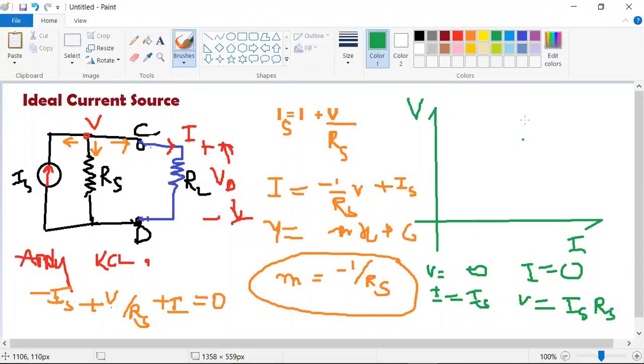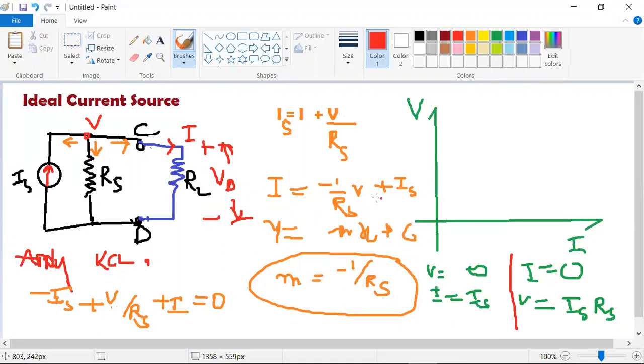Then let me draw these cases in this graph. When the voltage is zero, let me draw the points clearly. Please observe here, we have two cases. One is at voltage equal to zero, then I equals IS.